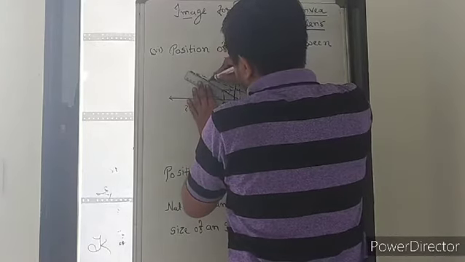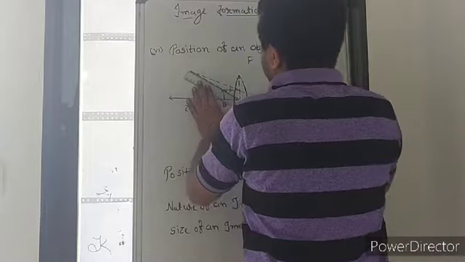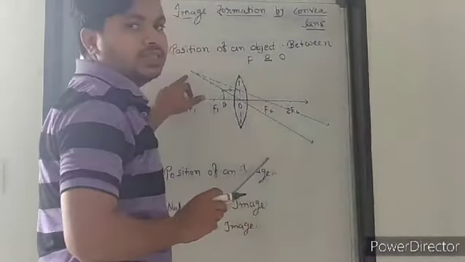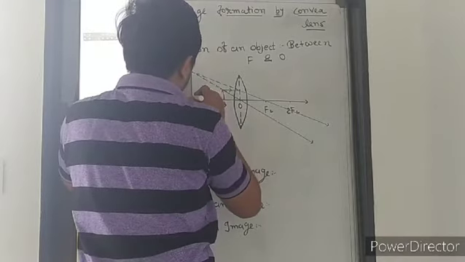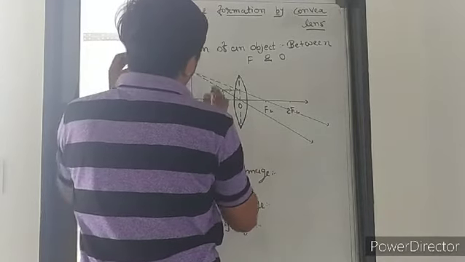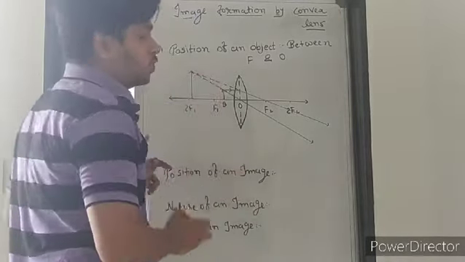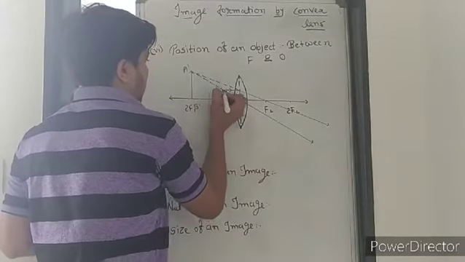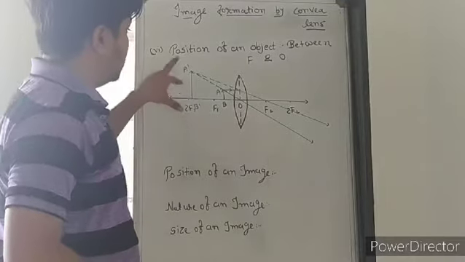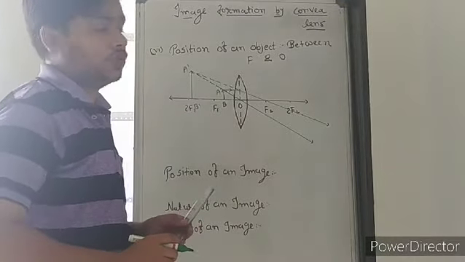So both just meet at this point. You can see it here. Both the rays just visually meet at here, right? So this image is known as A dash B dash. This image is virtual, right?